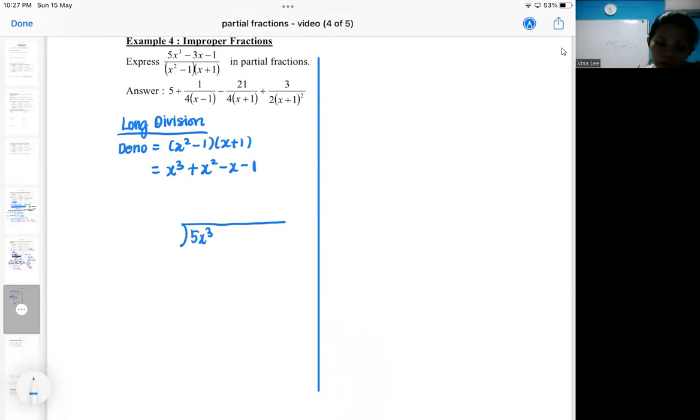So if you're doing a long division, if there's a missing x square, feel free to put a 0. It will facilitate your long division. So you choose a quotient 5.